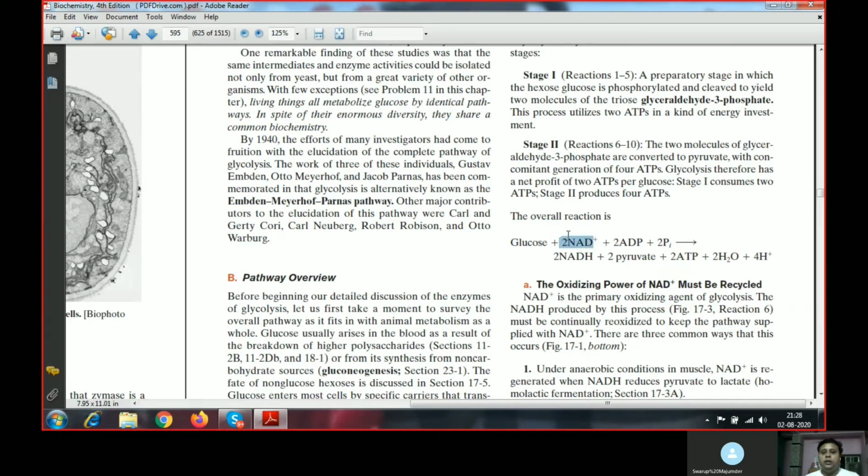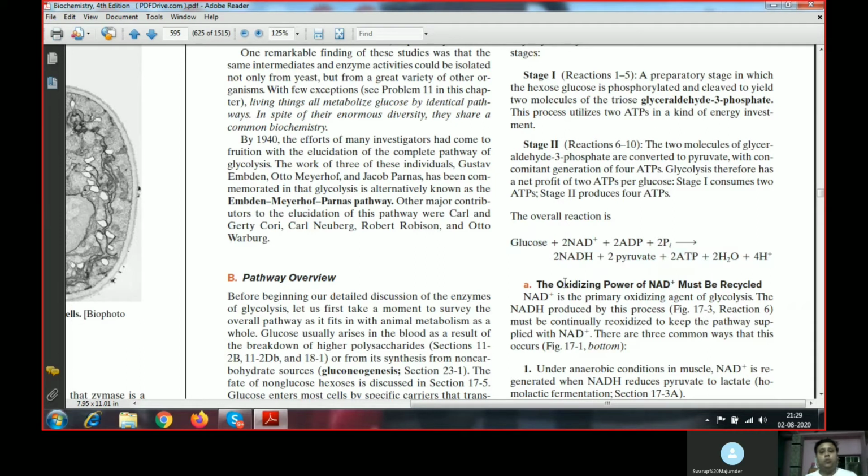So this NAD plus acts as an oxidizing agent in glycolysis. You absolutely require NAD plus for glycolysis, because NAD has a vital role to play. If the cellular level of NAD plus decreases, then pyruvate should be converted to lactate, so that you can immediately supply NAD plus. Normally pyruvate is not converted to lactate, but under certain situations, when skeletal muscle activity increases, the rate of glycolysis in those cells also increases, and you require more NAD plus, but during glycolysis you are converting NAD plus to NADH.